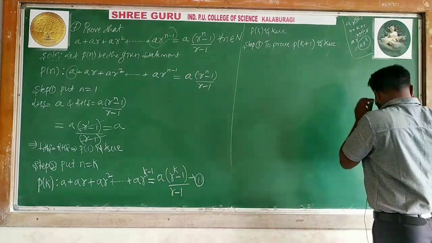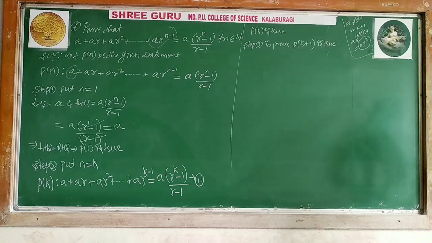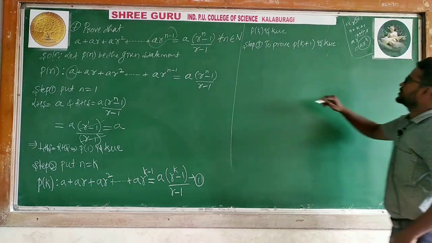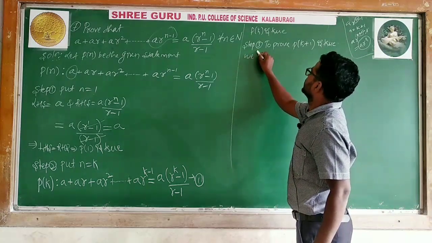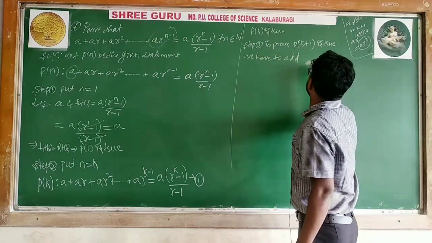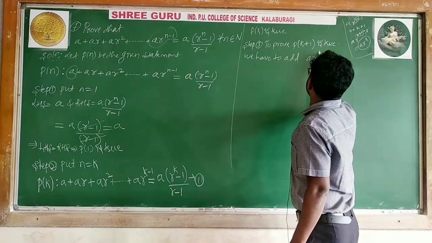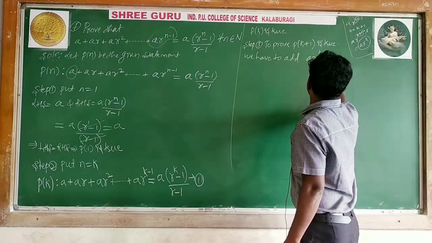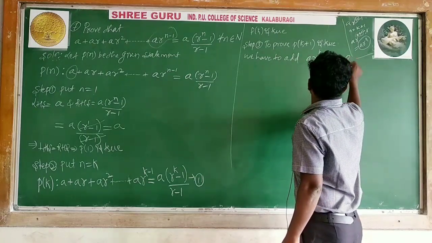Roughly I am taking this. I am not taking any new thing, I am taking it from this problem only. Everything is given there; you just have to use your brain, then you will get this term. A r to the power k means we have to add a into r to the power k on both sides of equation 1.